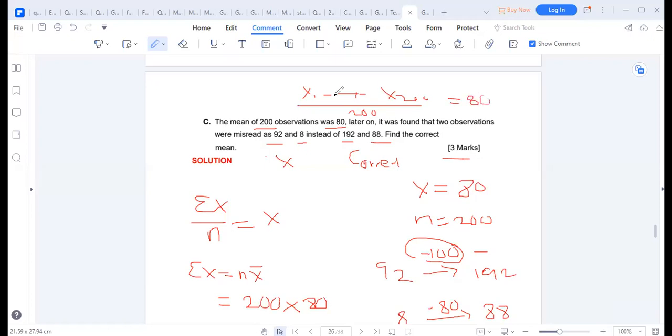Now, in these observations, we are told that apparently there were 2 entries that were entered wrongly. One was supposed to be 88, we wrote 8. So meaning we deprived ourselves of how many marks? 80.